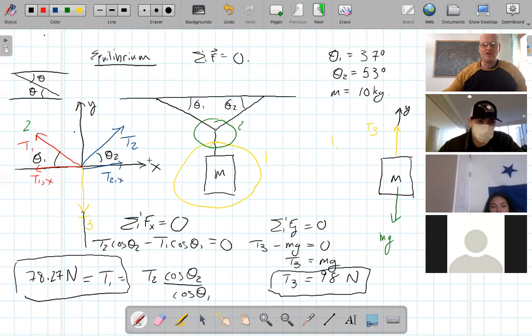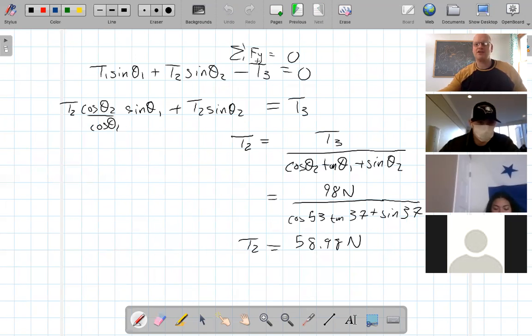So I have an expression, which is going to be useful because we use it in the next parts, but this is a relationship between T1 and T2, and I don't know either one. I first would have to establish what either T1 or T2 is to then use this expression to get the other. That's why we had to go to the y expression, because the y expression relates those two things to T3.